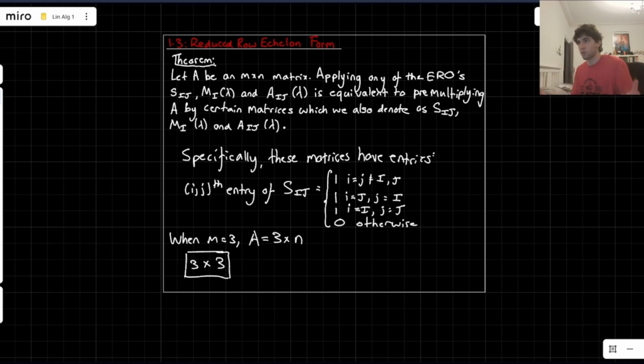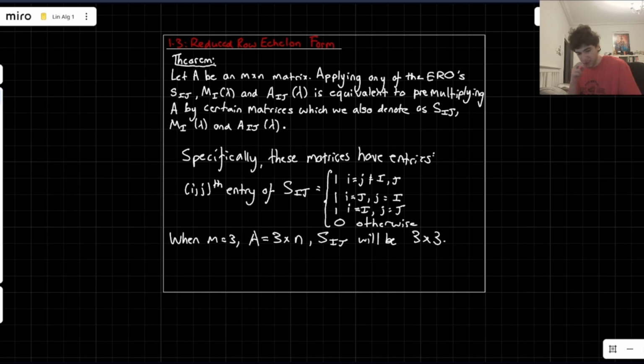And also, because you're multiplying matrices, you want them to commute, so the number of columns in any of your elementary operations has to be the same as the number of rows in the matrix A. So in this case, capital Sij will always be 3 by 3.